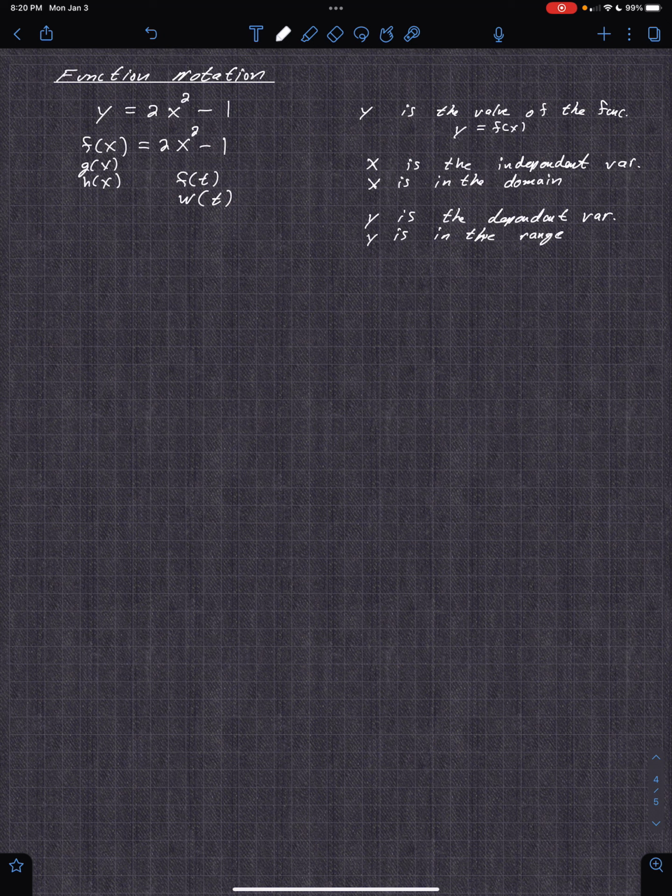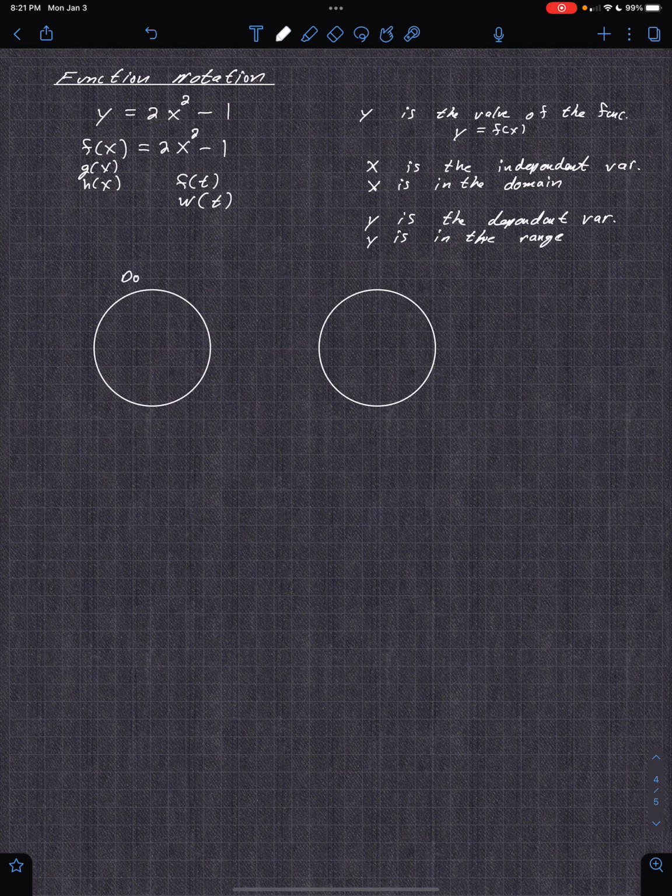All right, let's put this into our correspondence notation. Draw a couple circles again, like this. Duplicate that, put it over here. This is our domain. This is our range. And x often refers to the x-axis or the horizontal axis.